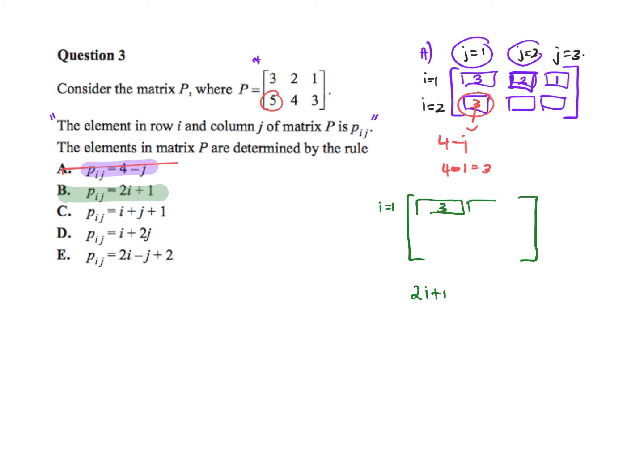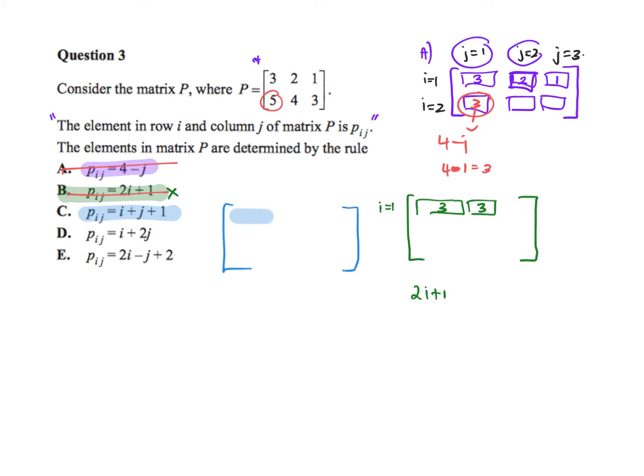So that works. And what about the next one? It would be 2 times 1, which is 2, plus 1. So this is not going to work, is it? It's going to be 3 along the whole top. So that one's out. We'll get rid of that one. It's not the answer. Let's try the next one. This one, okay, I'll just draw it here.